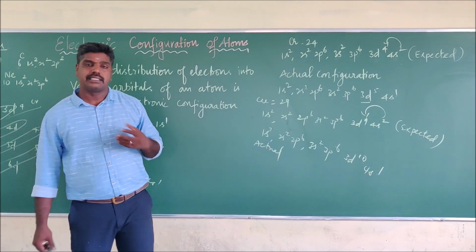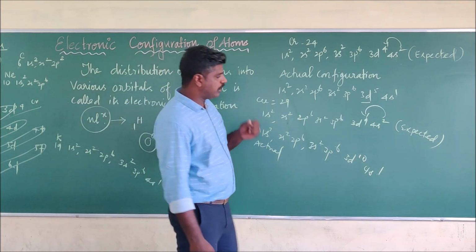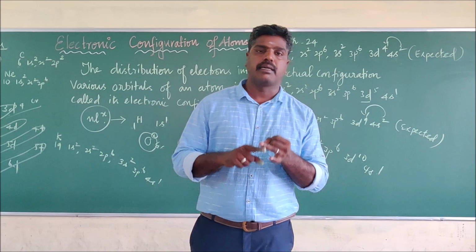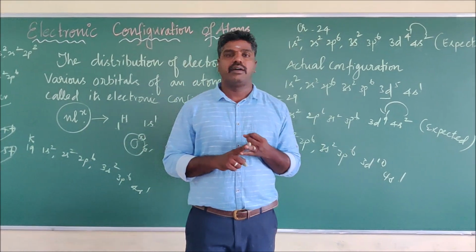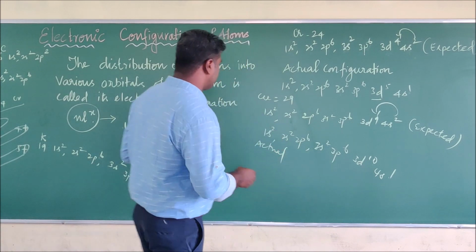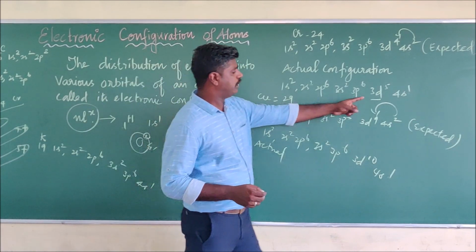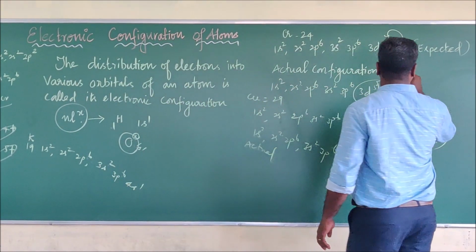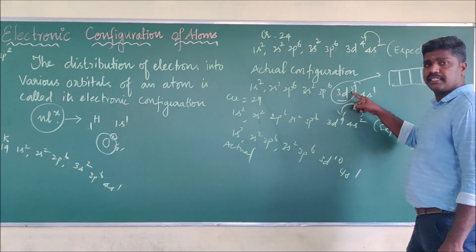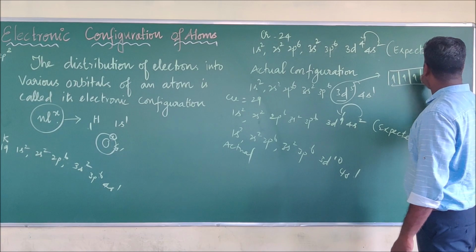Why do these changes happen? You know that completely filled and completely half-filled orbitals are more stable. Let us take a d orbital. This is 3d. How many electrons are there? 5 electrons are there: 1, 2, 3, 4, 5.